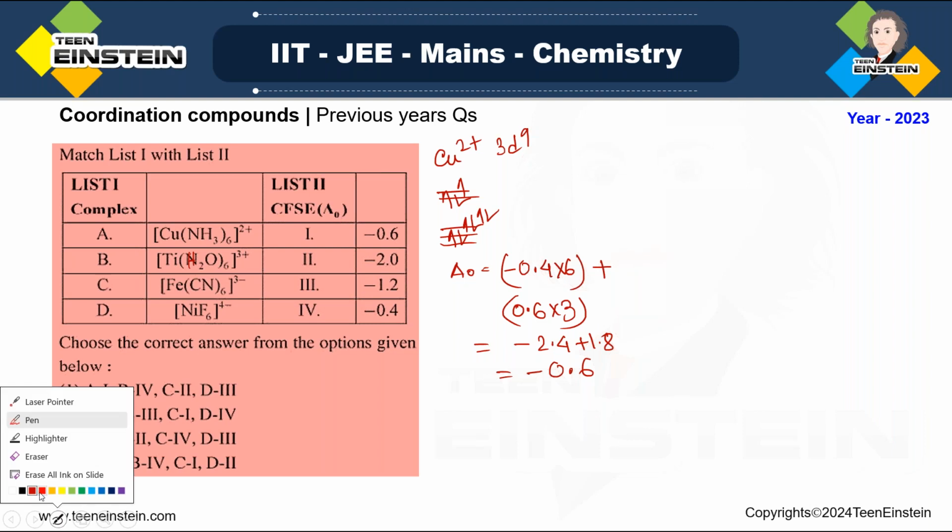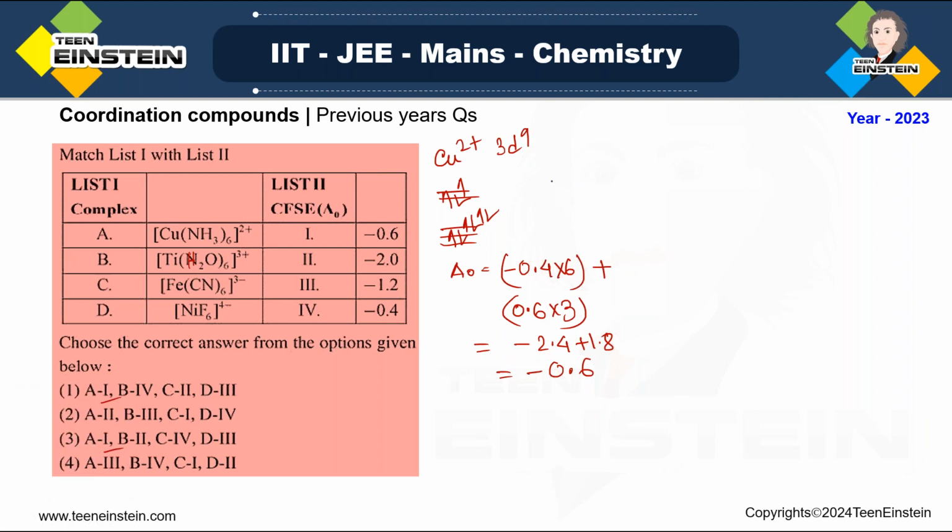Now what about the second one? In the second case, we have titanium 3+. Titanium 3+ is a 3d1 system. As it is a 3d1 system, the only Δo value possible is minus 0.4, because there will be only 1 electron in t2g like this. So it is simply minus 0.4 into 1.